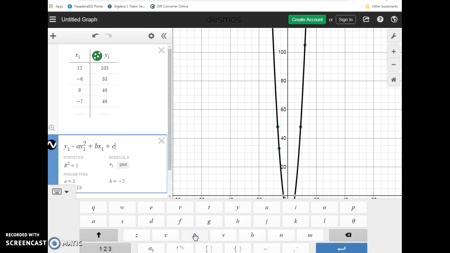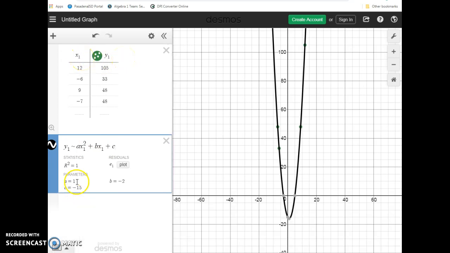Okay? All the x's and the y's have to have a little 1 at the bottom because my table, look at my table, has a little 1 at the bottom. If for some reason it doesn't show up or it's not working, then maybe these numbers changed. Maybe now they're 2s or 3s or whatever. So you can either change these back to 1s or you can change all of these back to whatever the table says. Okay? So now it gave us the A, the B, and the C.